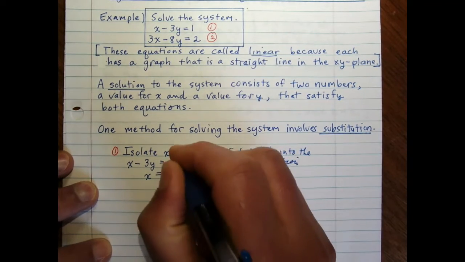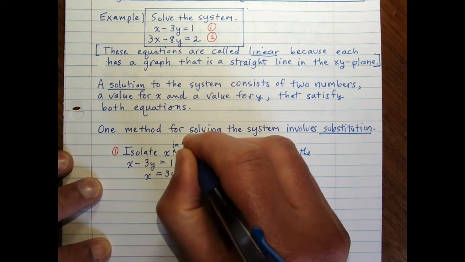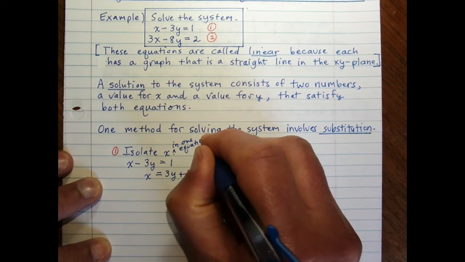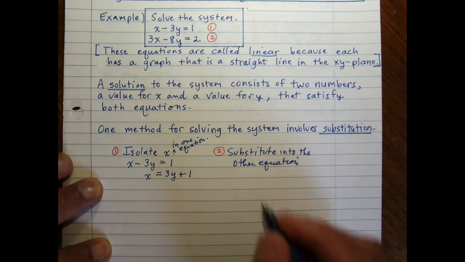So I isolate x in one equation. I pick the first equation, and then I'm going to substitute into the other equation.